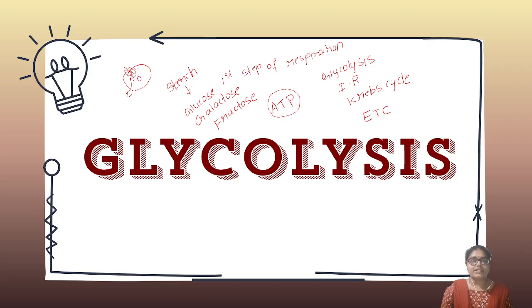In order to prevent that, it must be phosphorylated. It is phosphorylated by the ATP molecule. One phosphate group is attached to the glucose to form glucose 6-phosphate. This is the first step of glycolysis, that is phosphorylation of the glucose.